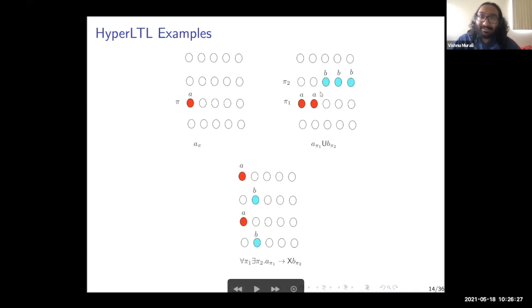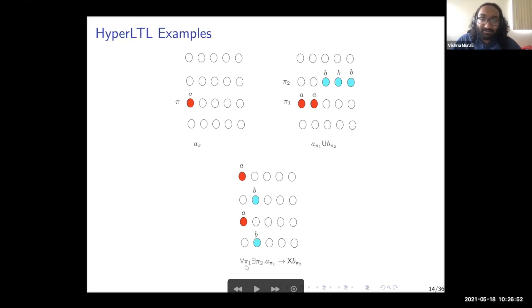If we consider standard LTL semantics of A until B, then this must hold along the same trace and not along different traces. This is one of the key points about HyperLTL, which allows us to relate how different traces influence each other. HyperLTL also allows us to quantify trace variables. For example, let's consider this last specification.